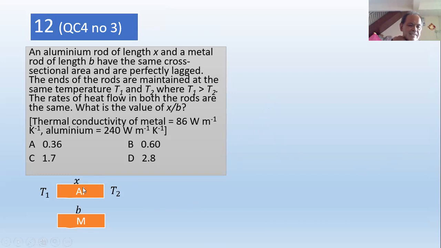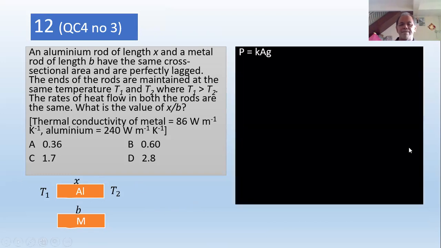Okay, let the length be X, let the metal be B. Same temperature difference. So play with the formula only, same thing, same formula. Right? Yeah, total same cross-sectional area. So for aluminium, put in the formula what is given.